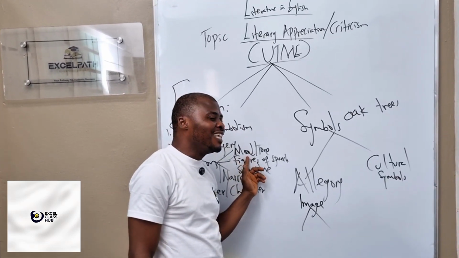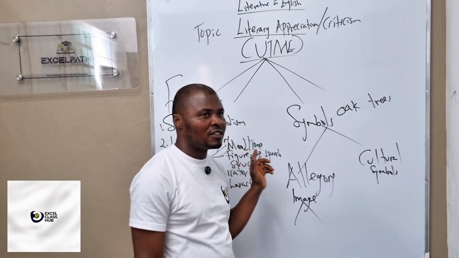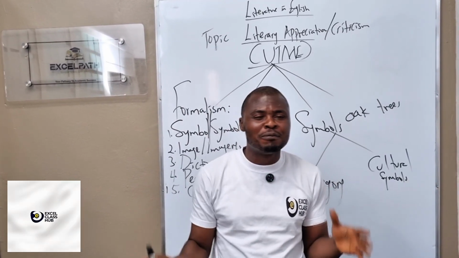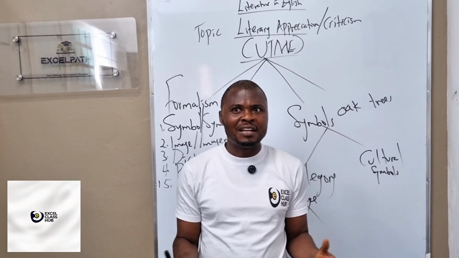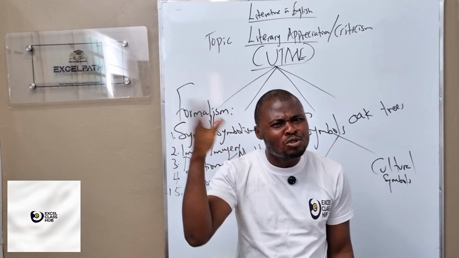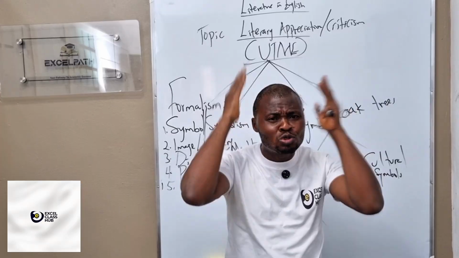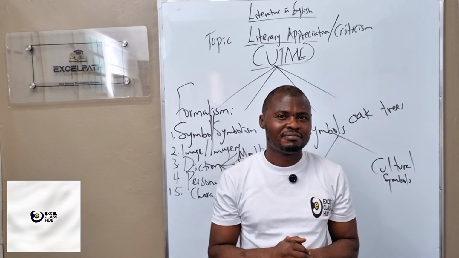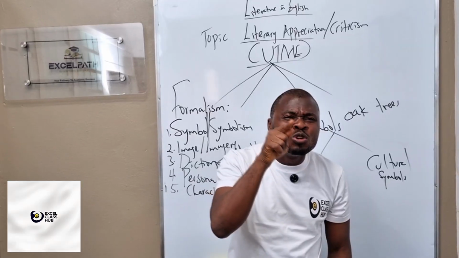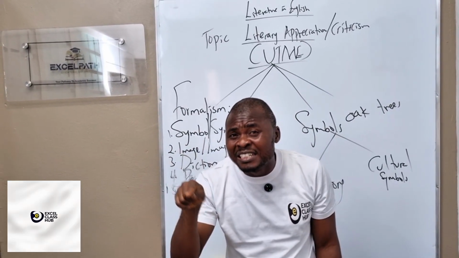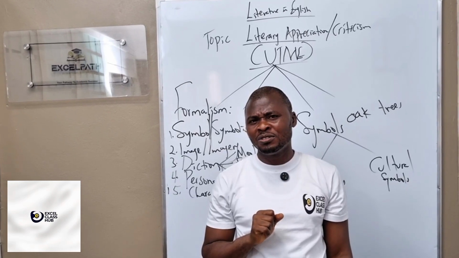So if you read a literary work next time, you can just Google up two or three words from the literary work, especially a poem, and you just get the origin of the words or the meanings elsewhere. It will give you some things that are hidden. And you now use that knowledge you've got to analyze that literary work very well. Is it clear to you?